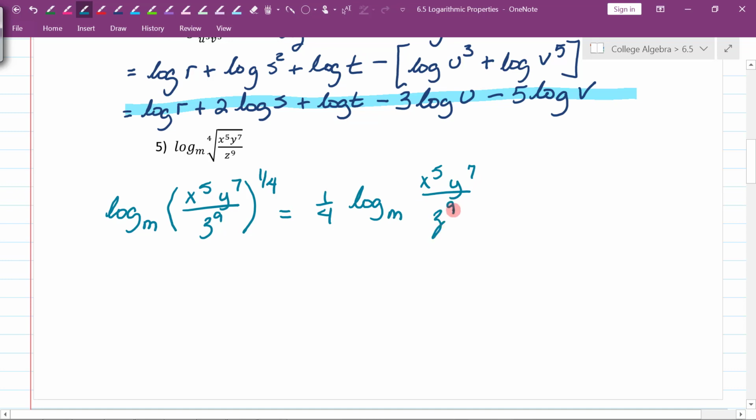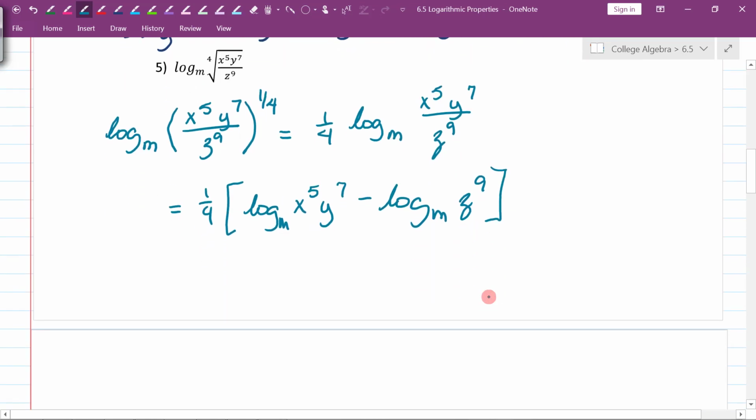Now I'm going to go ahead and break up the numerator and the denominator. So this is going to be equal to 1/4 times log of x to the 5th, y to the 7th. Subtract log base m, this needs a base m on it also, z to the 9th.